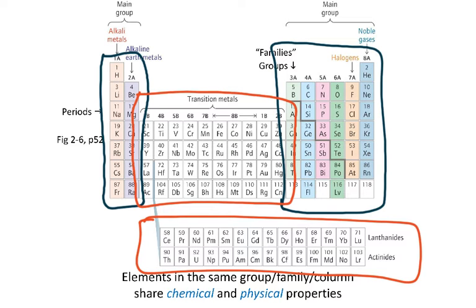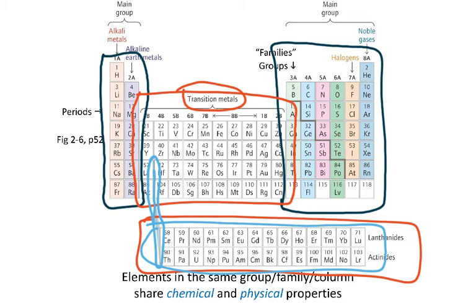We can see that these in the middle are called transition metals, and right here is something unique, right? In fact, these two rows here fit right here, and if you look closely at the numbers, it goes from 57 to 72 because 58 through 71 are down here.